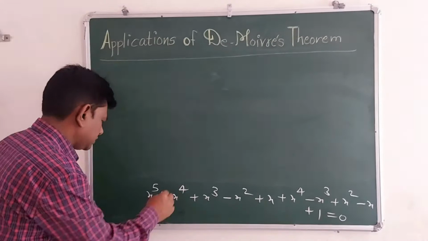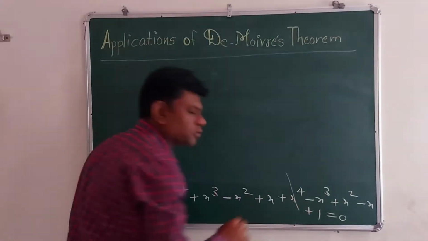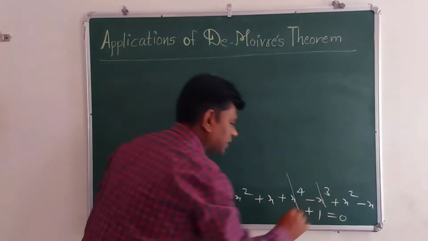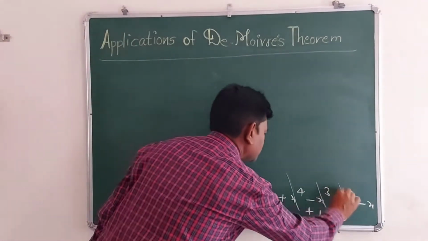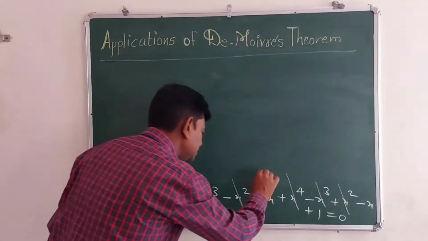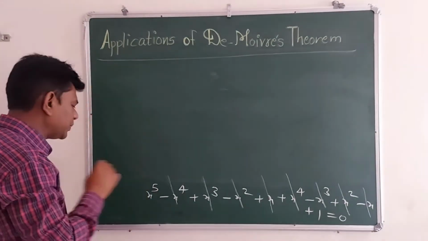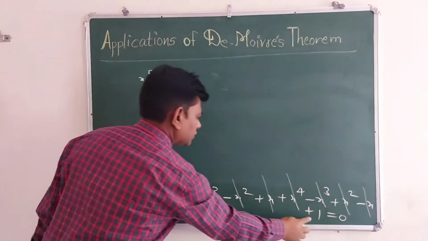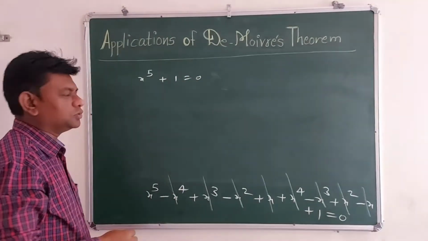Now here this minus x to the power 4 plus x to the power 4 get cancelled. X cube minus x cube get cancelled, minus x square plus x square get cancelled. Similarly this plus x minus x get cancelled. Now therefore remaining terms are x to the power 5 plus 1 is equal to 0.